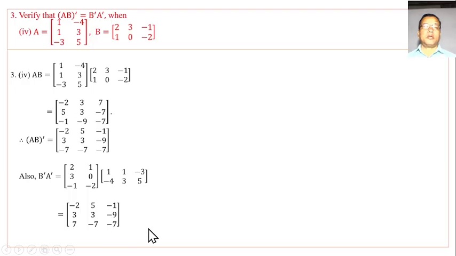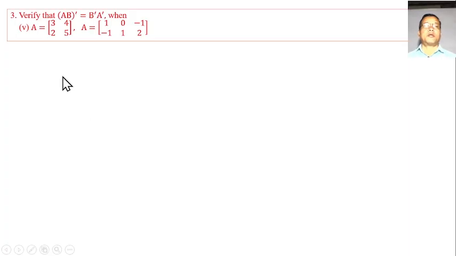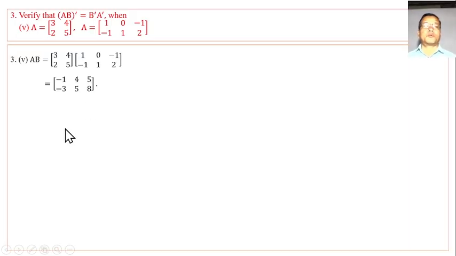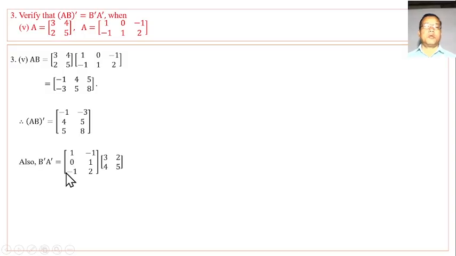Right and left side are the same, therefore this equal to this is verified. Roman number 5, same process: the product AB, then AB transpose, also B transpose into A transpose, and we multiply the matrices, so we get this. Left and right side are the same, therefore this is verified.